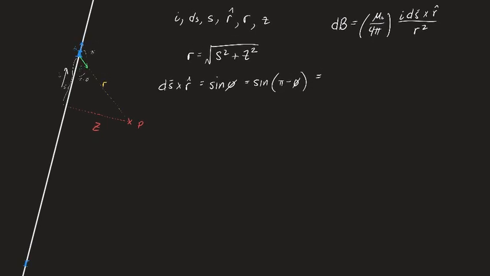So I'm thinking this triangle, right angle here, sine of that angle is going to be z over r. And therefore, z over the square root of s squared plus z squared.